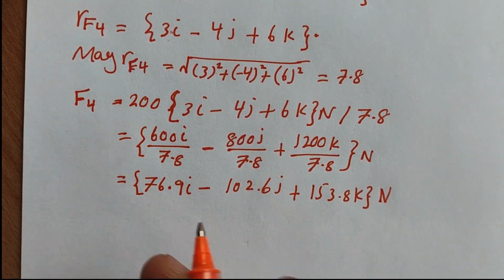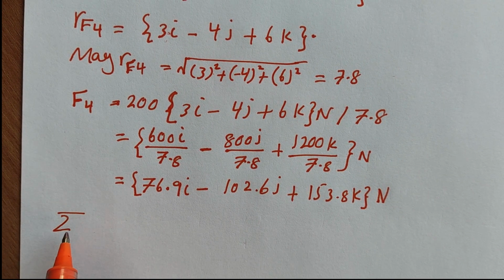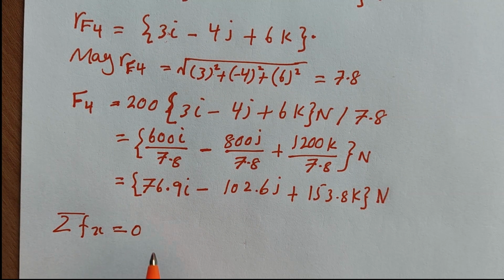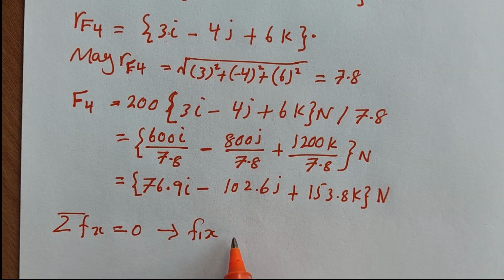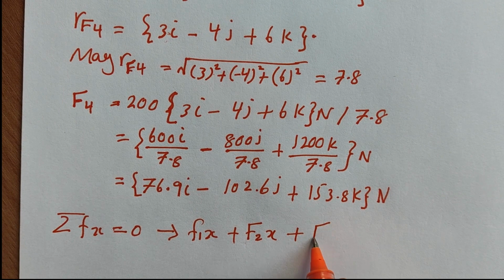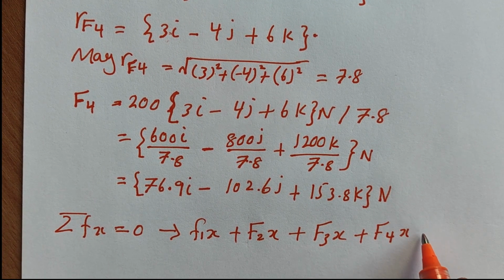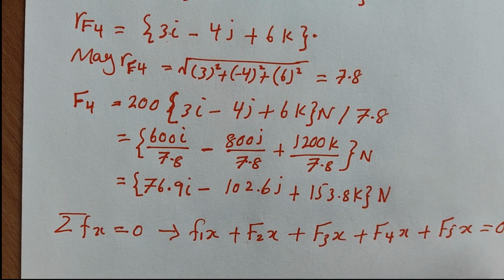Now we found this, we can apply our equilibrium equations. Sum of the forces on the x-axis should equal 0. From here we know that F1 on the x-axis plus F2 on the x-axis plus F3 on the x-axis plus F4 on the x-axis plus F5 on the x-axis should equal 0.